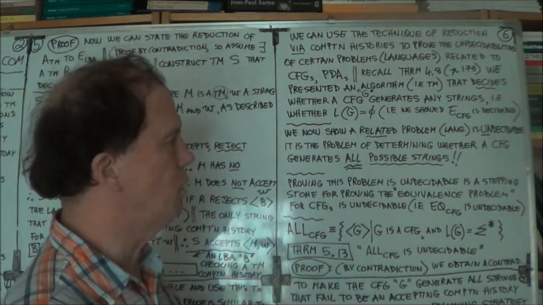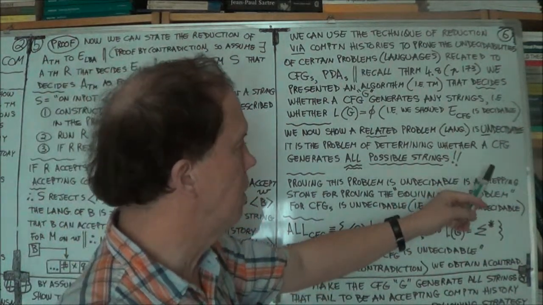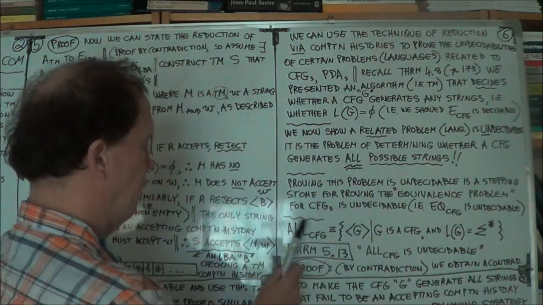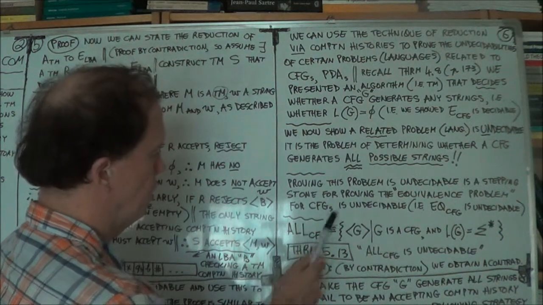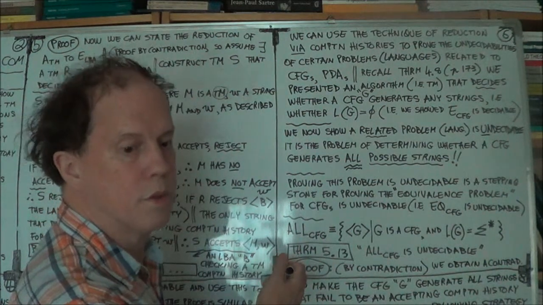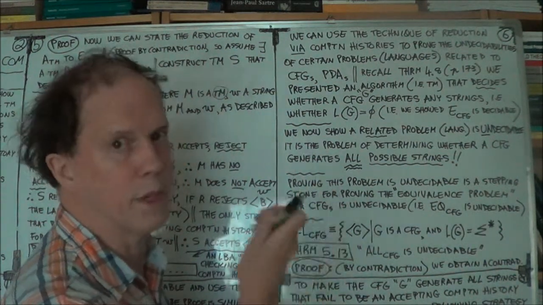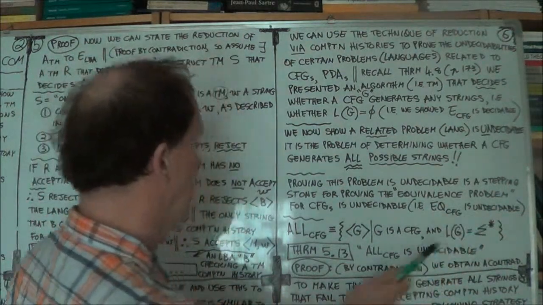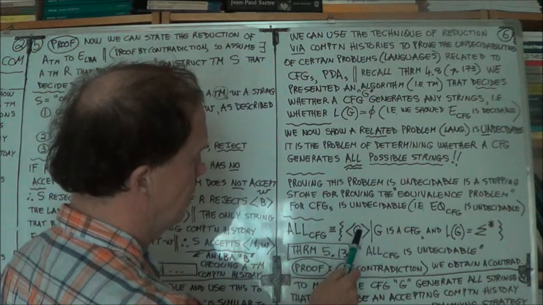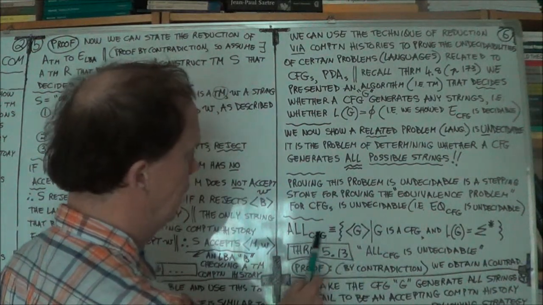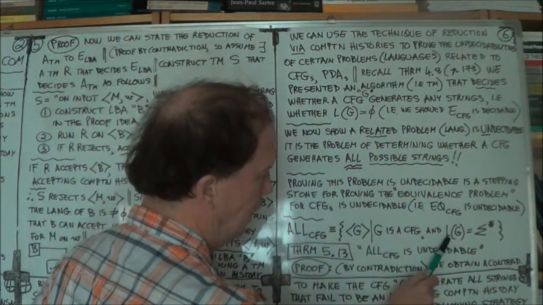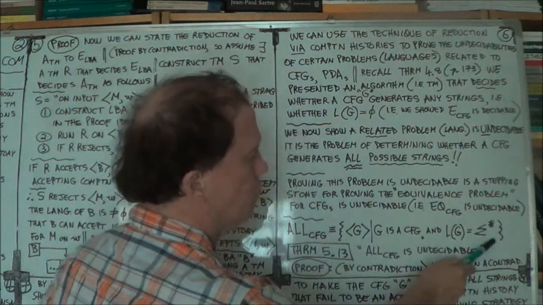If you talk in terms of language, here it is, we'll just call it ALL. It is the set of encodings of all grammars G, where G is some context-free grammar such that the language of that grammar is all possible strings, sigma star, given the input alphabet capital sigma.